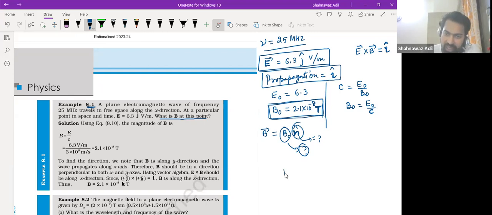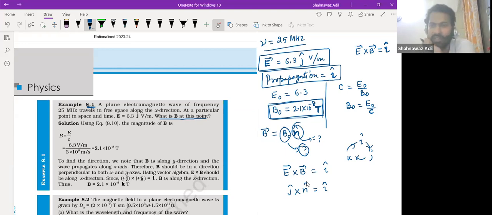So we know that direction of propagation is E cross B, and this is given I hat, and E is J hat, right? And let's say this is N hat and this is I hat. So we have this I, J, and K, right? So we are calculating J cross something, which will give you I hat. So what would be N hat in this case?